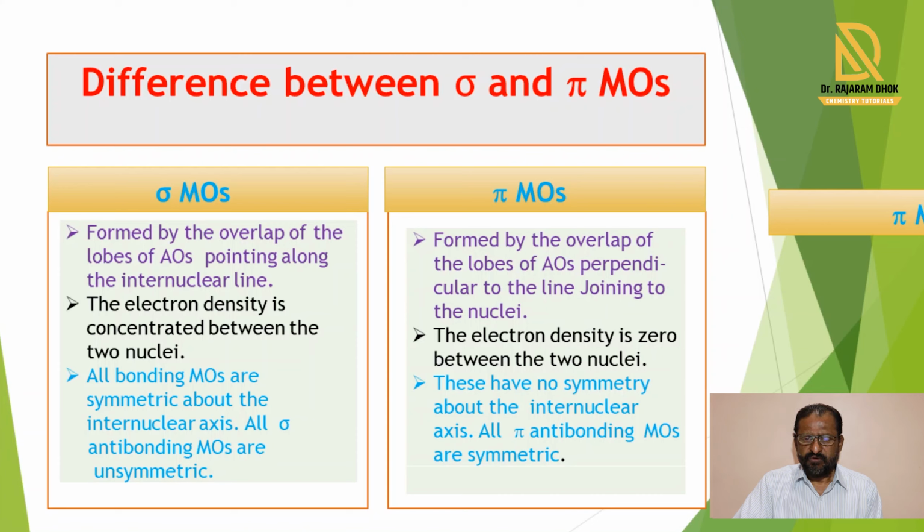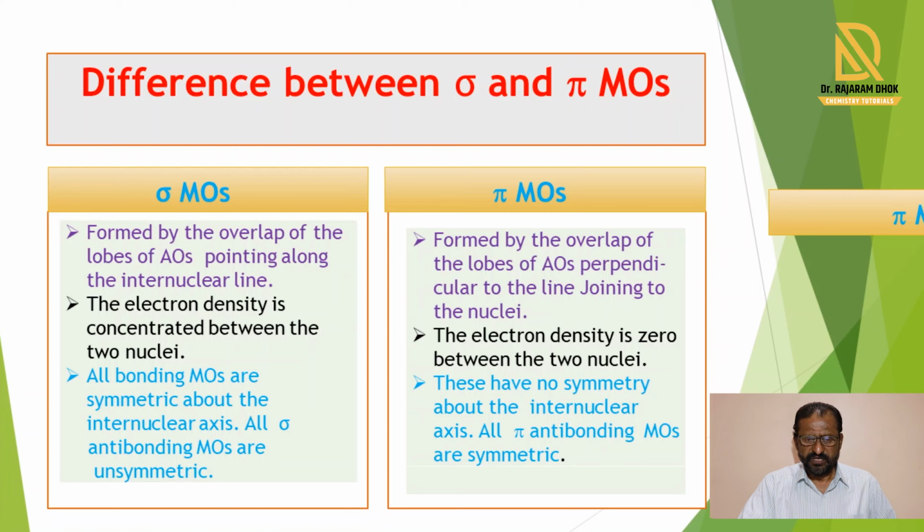Now for our simplicity, or for our exercise, we can again revise in short the difference between sigma and pi molecular orbitals. We have already discussed sigma molecular orbitals and pi molecular orbitals, but for revision, again, a sigma molecular orbital is formed by overlapping of the lobes of atomic orbitals pointing along the internuclear line, or internuclear axis.